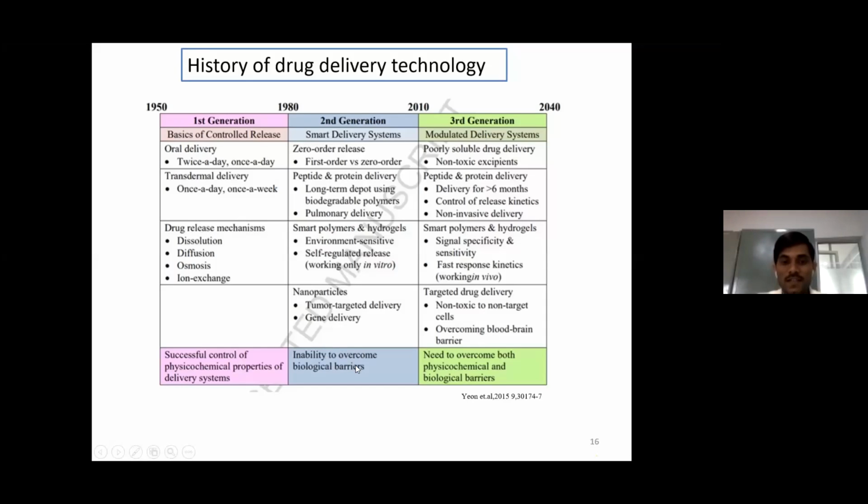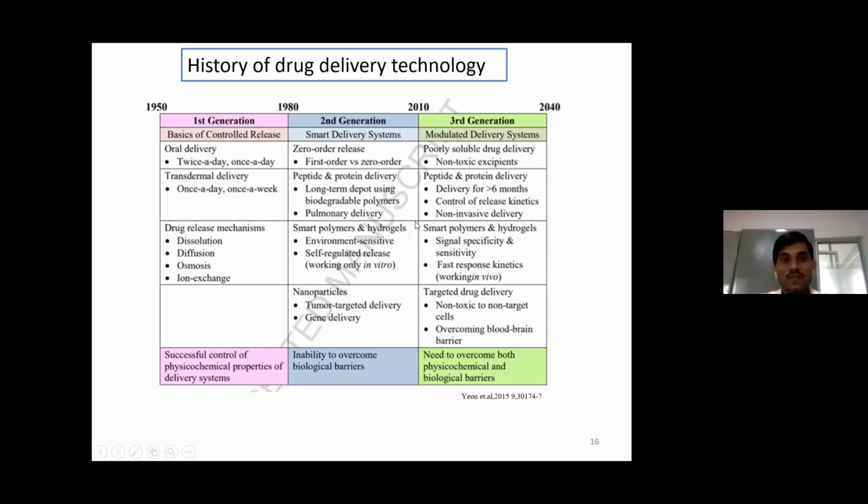This direct delivery system fails to overcome the biological barrier. In this generation, drug delivery systems use better controlled release because of the physicochemical properties of these drugs. In the third generation of drug delivery, there is a need to overcome both physicochemical and biological barriers.